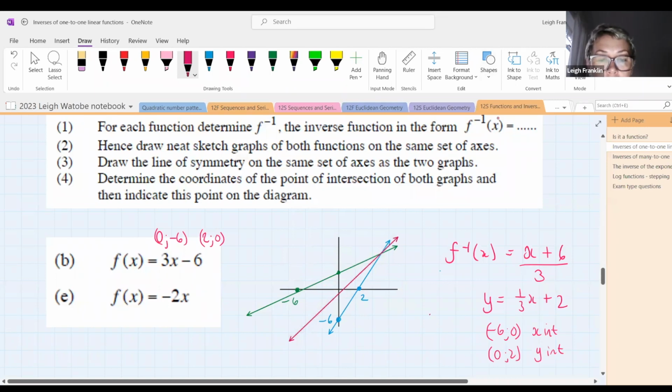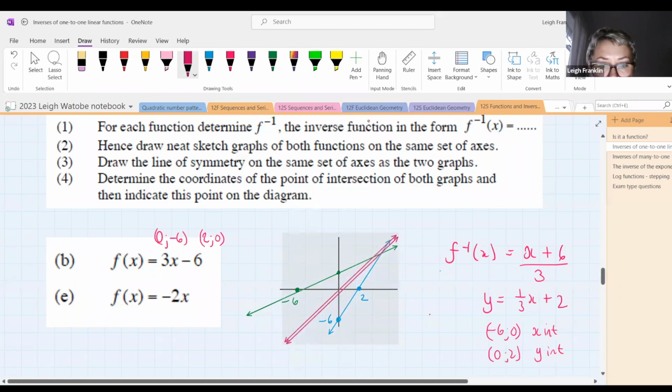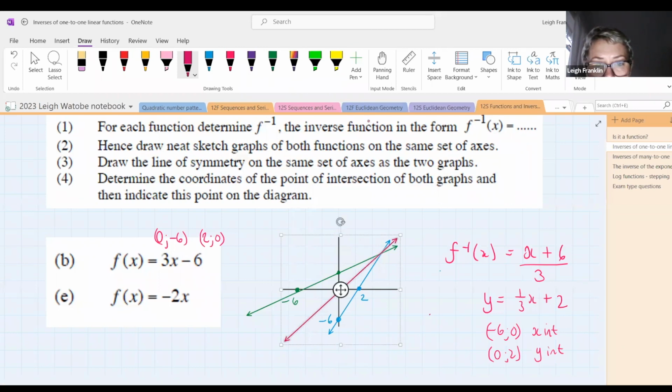Let's just correct that. There, like so. There would be the line y equals x.